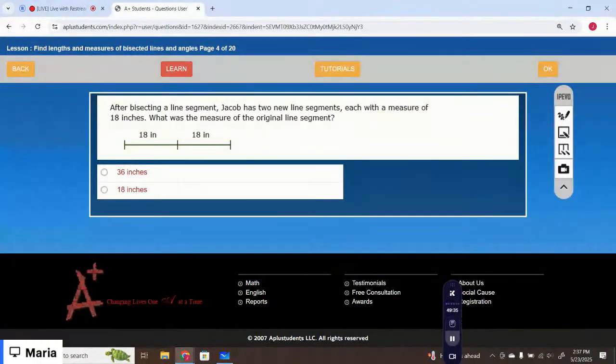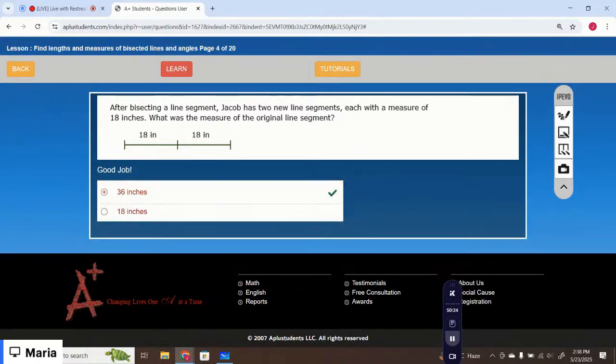What was the measure of the original line? That's 18 plus 18 equals 36 inches.